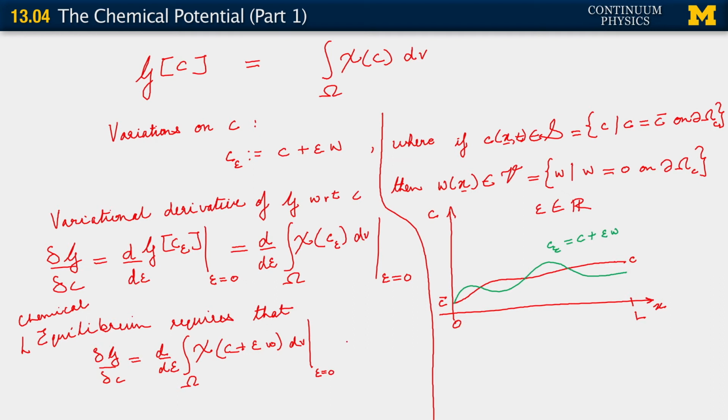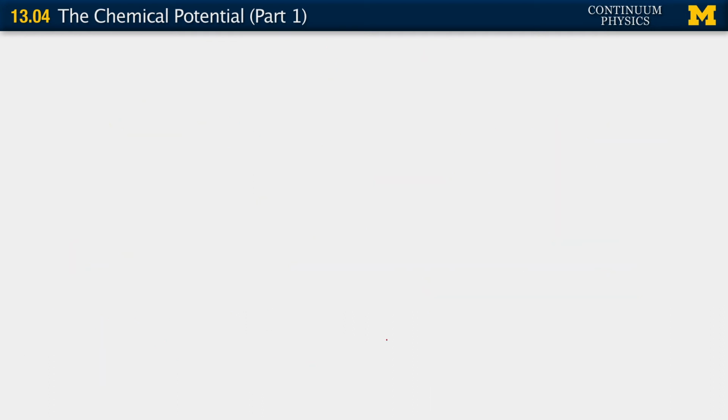Now equilibrium therefore requires that this is equal to 0. What we're doing here is an extremum, we're seeking an extremum of G with respect to its field C. Easy enough to compute.